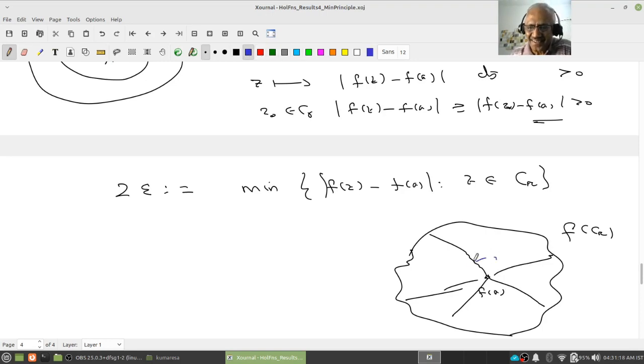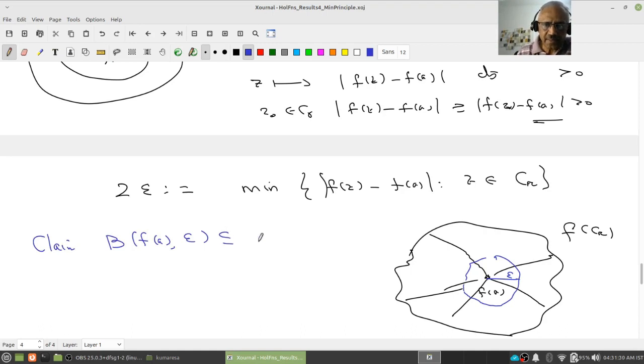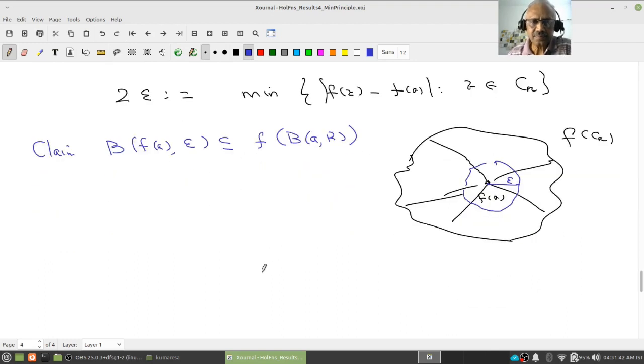You want to say, look at the open ball with this epsilon. So we would like to claim B(f(a), epsilon) is contained in f of B(a, r). In fact, I would like to claim it is contained in f of B(a, r).